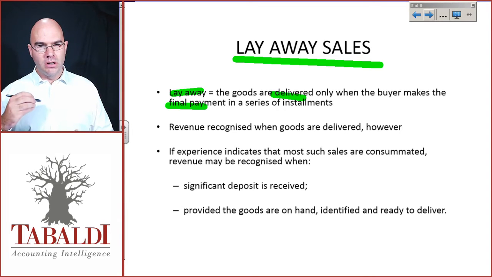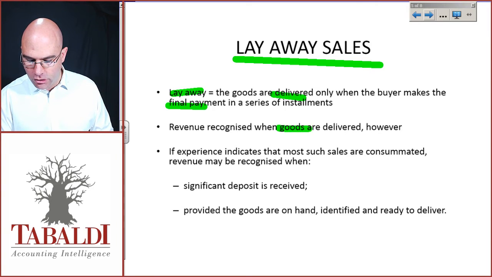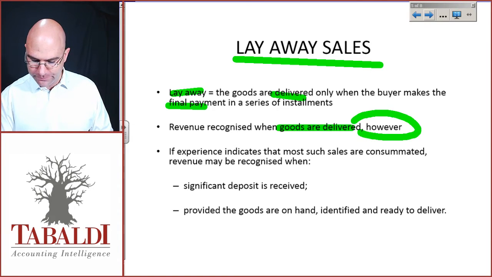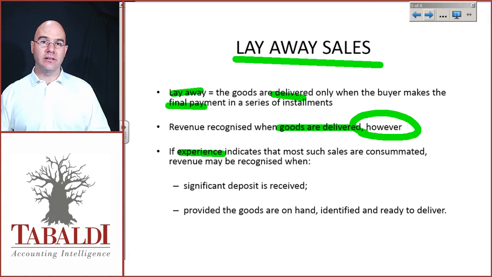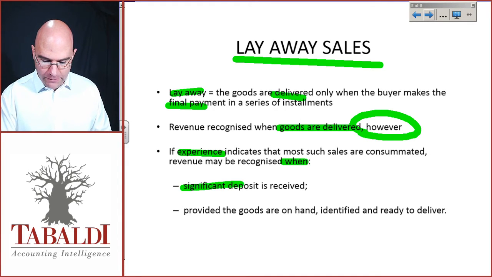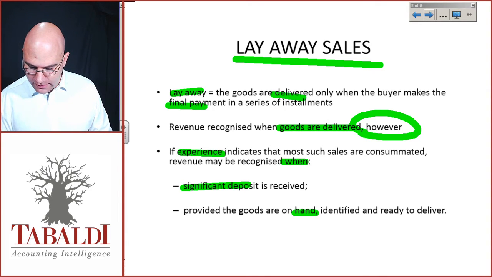Okay, so the normal thinking here, your default is revenue will be recognized when the goods are delivered. However, if experience indicates that most sales such as this are consummated, revenue may be recognized before delivery when a significant deposit is received and the goods are on hand, identified, and ready to deliver.